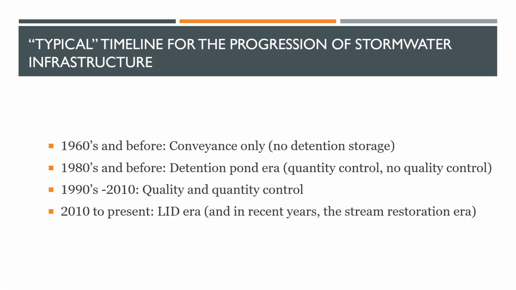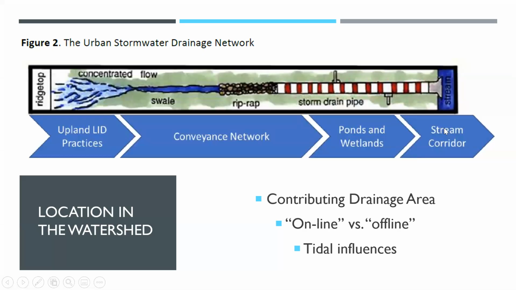So, depending on the objectives, it's going to affect what those vulnerabilities may be. And then also just knowing when those developments happened is going to tell you a little bit about how they were sized, what precipitation data they were using at the time when they built that detention pond in the 1980s. So, just something to keep in mind for your prioritization work.